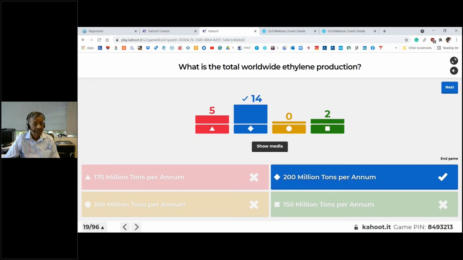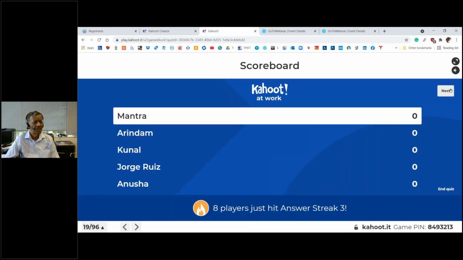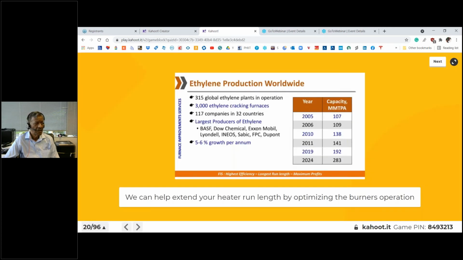Asia Pacific region has the largest ethylene production capacity now, and the worldwide production is continuously increasing. So, there are almost 315 ethylene plants throughout the whole world. And this is just an estimate.